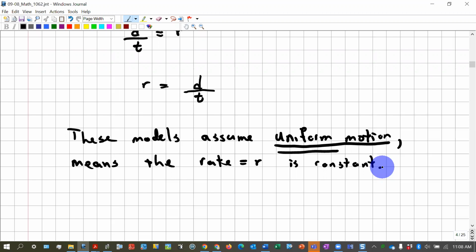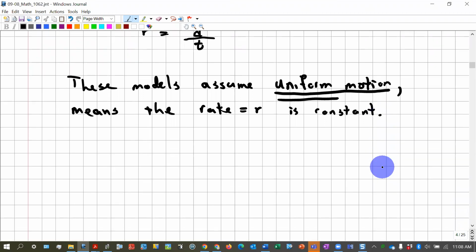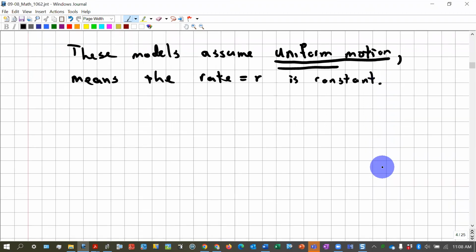We can also talk about what's called your average rate, your average speed.